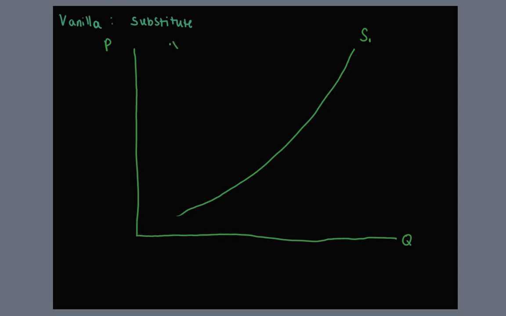And now remember, this is the market. It gets confusing when we start talking about more goods, but we have to keep in mind, we are talking about the market for chocolate ice cream. So all the movements and shifts that we graph are the movements and shifts that happen for chocolate ice cream. So what we have to ask ourselves is, if the synthetic vanilla lowers the price of vanilla ice cream, what is going to happen to either the demand or the supply of chocolate ice cream?